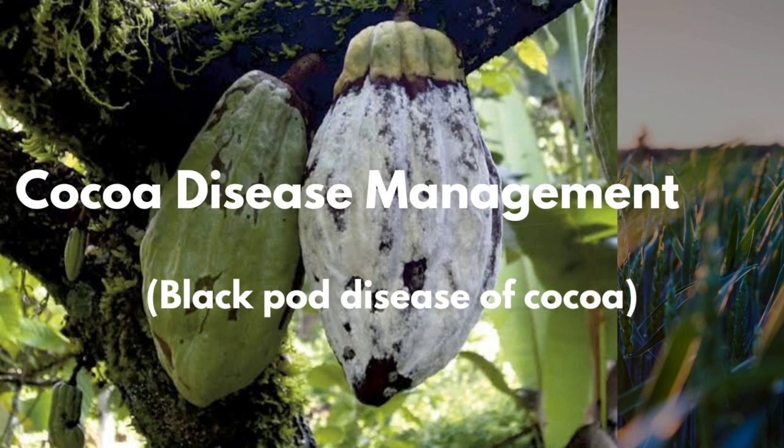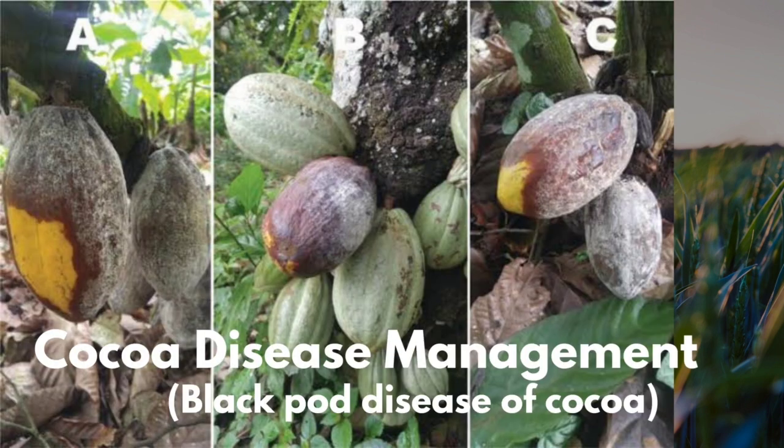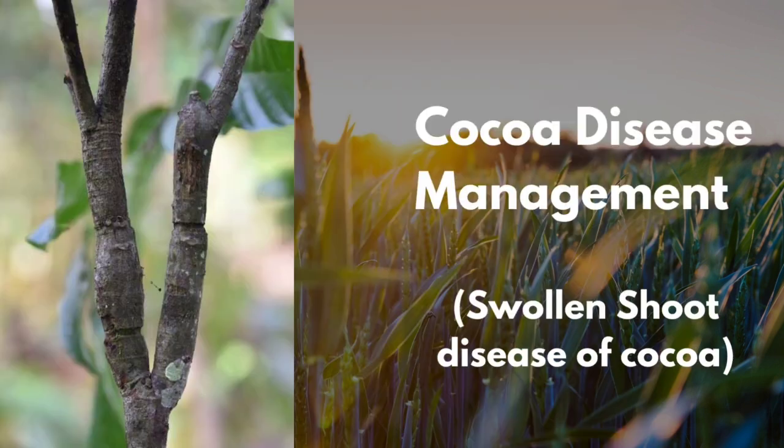Now, most times black pod disease is controlled by removing and destroying infected pods, regular weeding, and also spraying of fungicides such as Bordeaux mixture or Perenox. Then the last one is by burning of infected pods. Once you notice an infected pod, remove and then destroy.